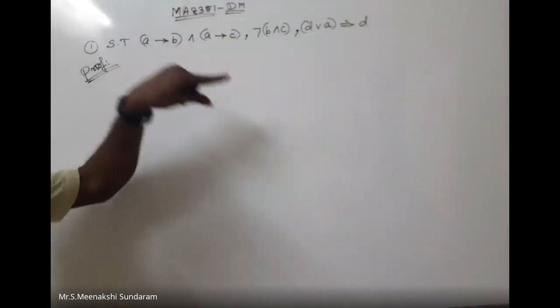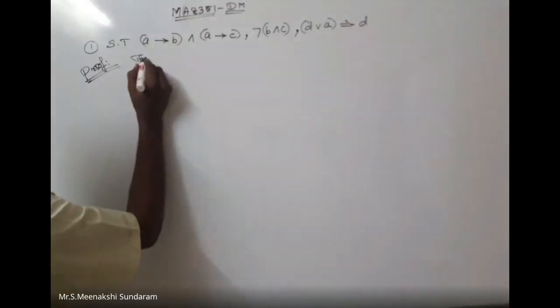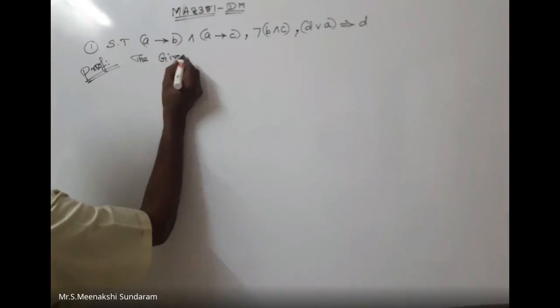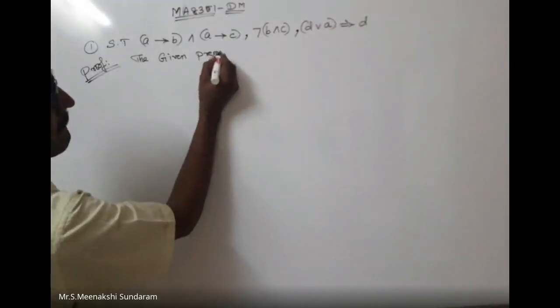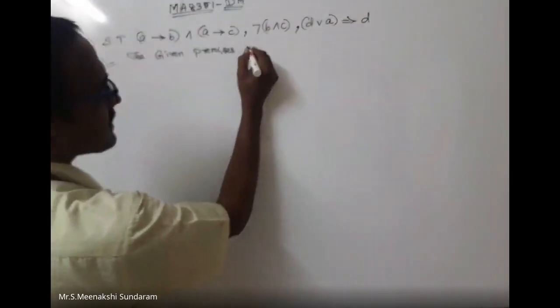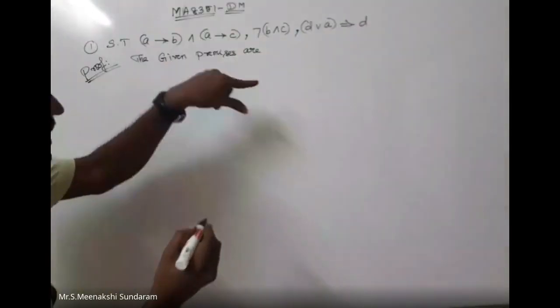Conjunction also you can take as comma. That is also possible. The comma statements are all premises.